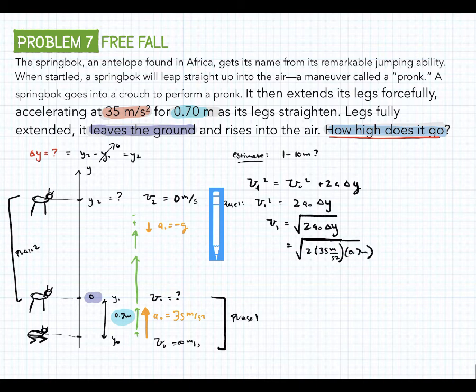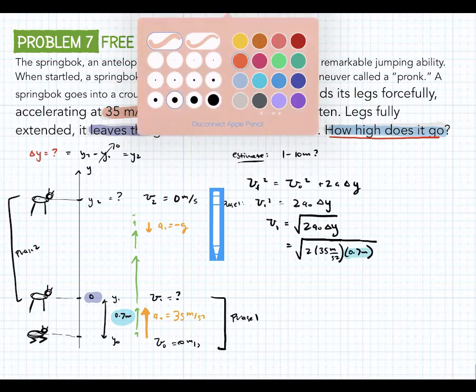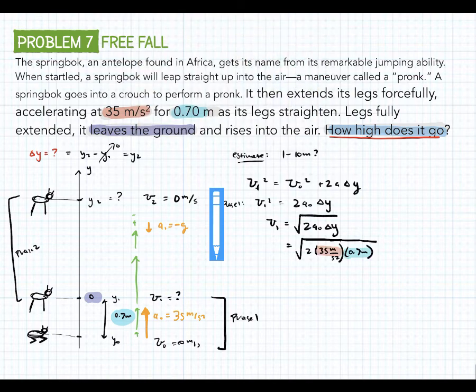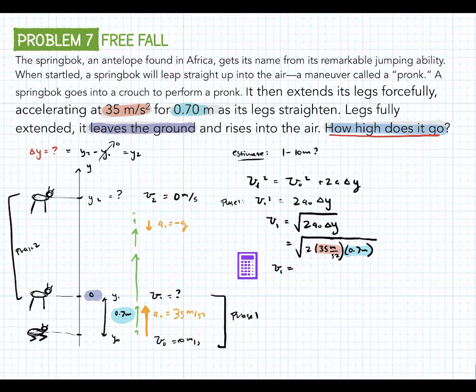These are all values from phase 1. We plug all this in, and that gives us v1 is equal to 7.0 meters per second. We didn't have an estimate for this, but we're plugging it into the next part.